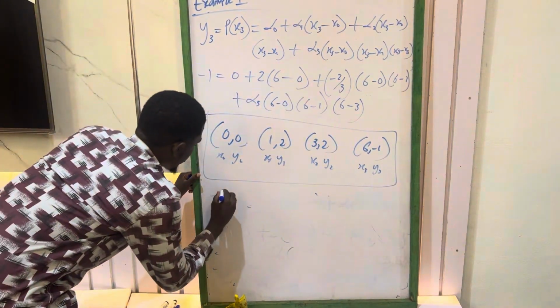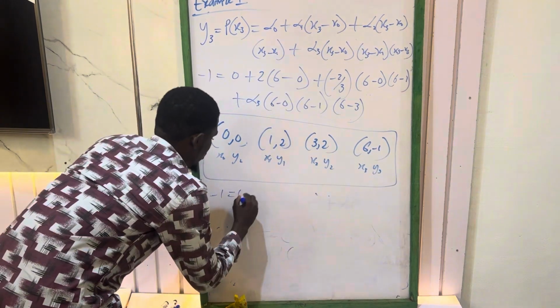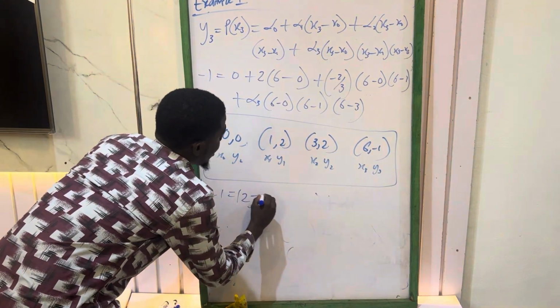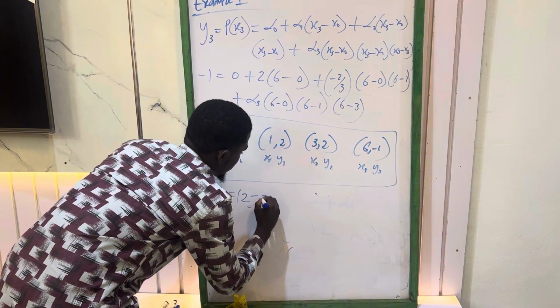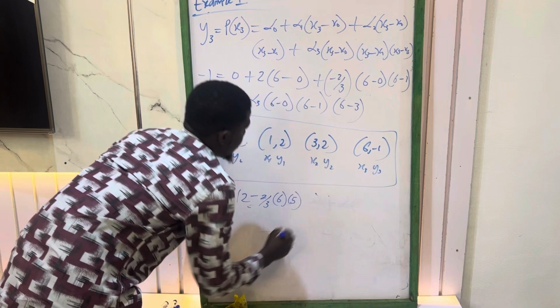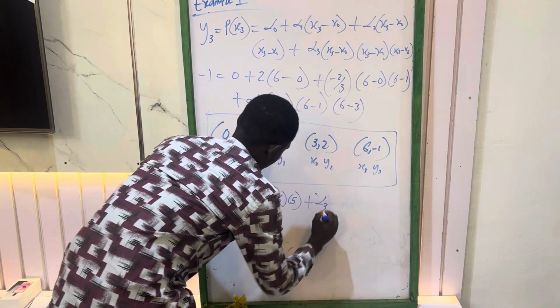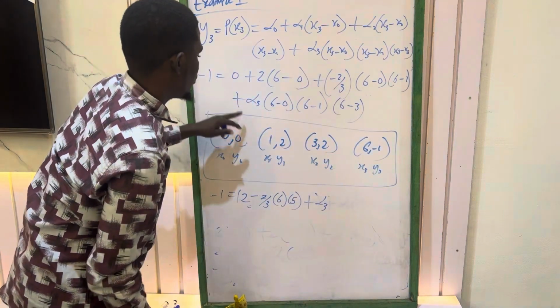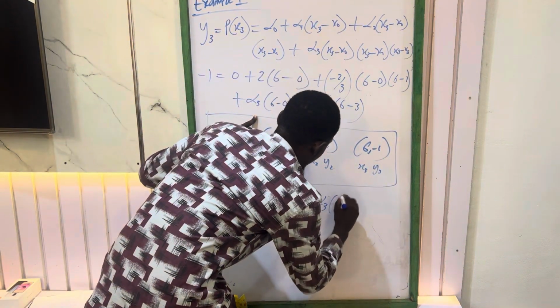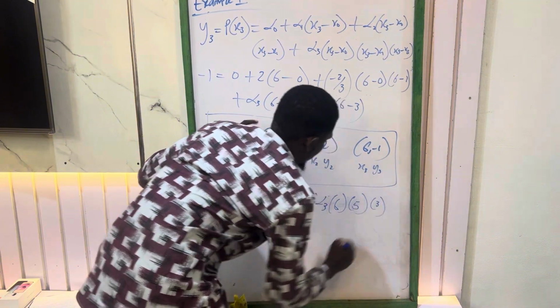It means that minus 1 is equal to, simplifying this, that's going to be 12, then minus 2 over 3 into bracket 6 multiplied by 5, then plus alpha 3 into bracket 6 into bracket 5 into bracket 3.